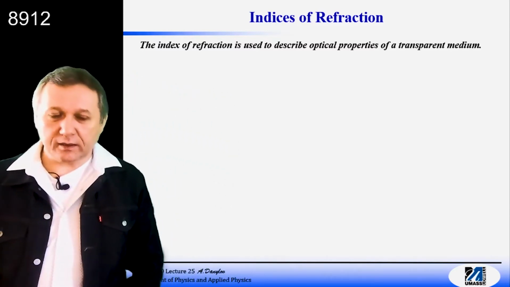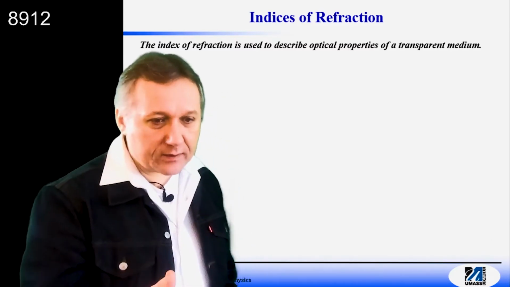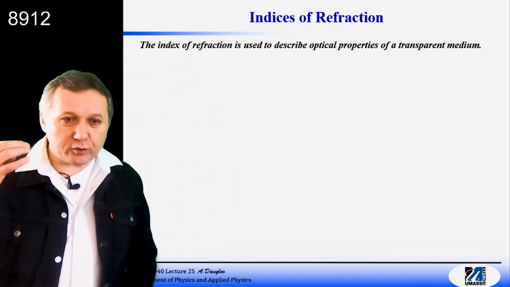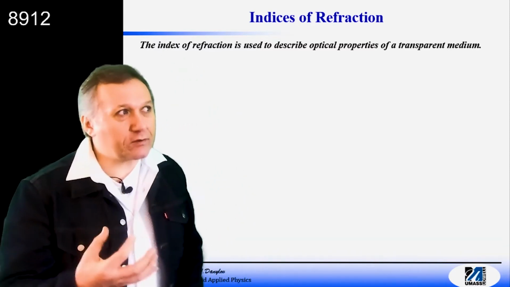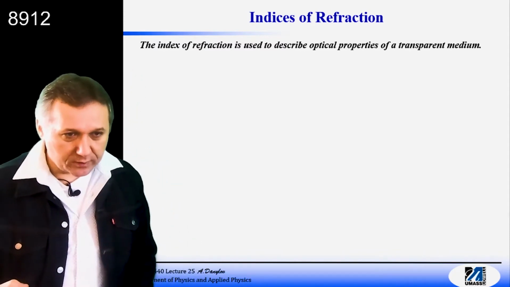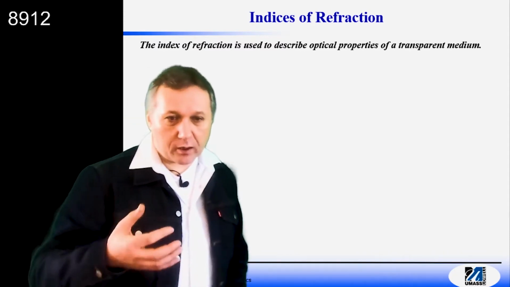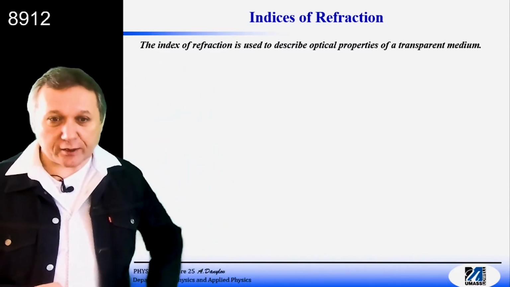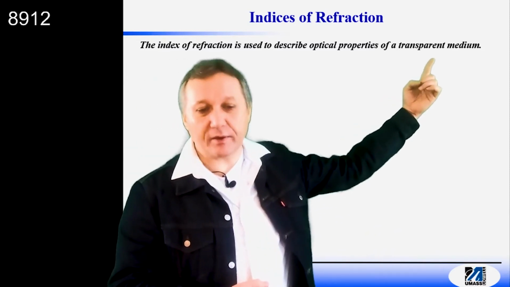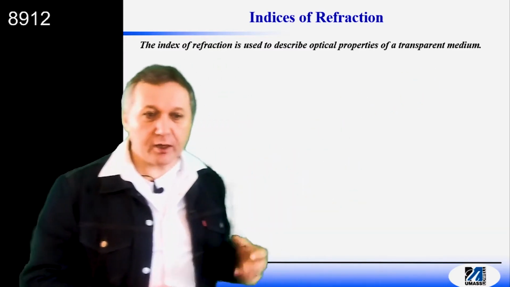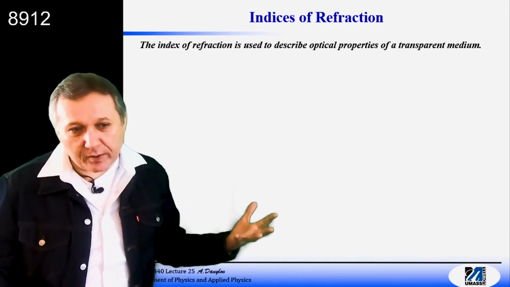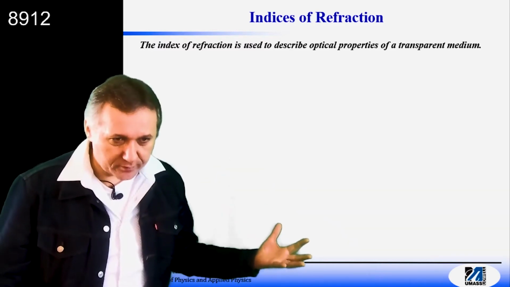If light propagates in glass, the speed will be even slower. So in order to describe those optical properties of the transparent medium, we need to introduce some parameter. Again, which parameter? It's up to researchers.